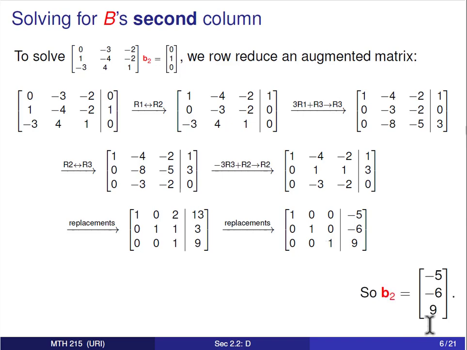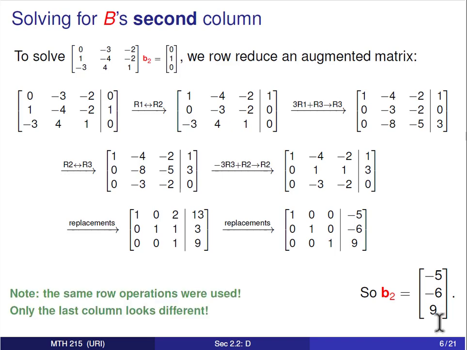So we end up with the second column of B2, but what we want to point out is that the row operations we used to row reduce this problem were exactly the same row operations we used to solve for the first column, and only that last column of the matrices looks different.